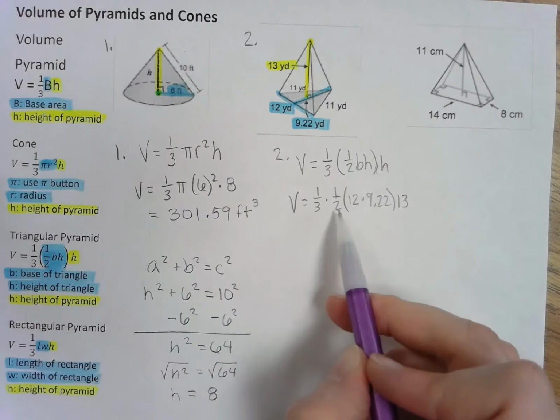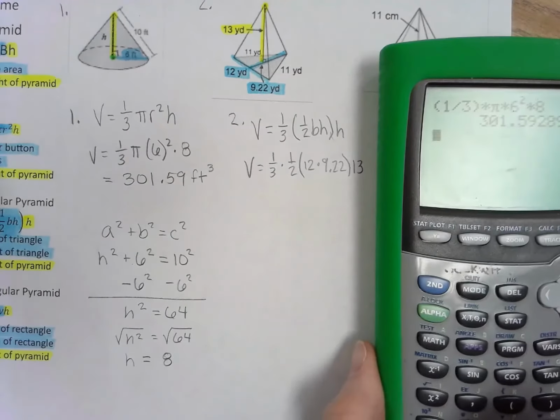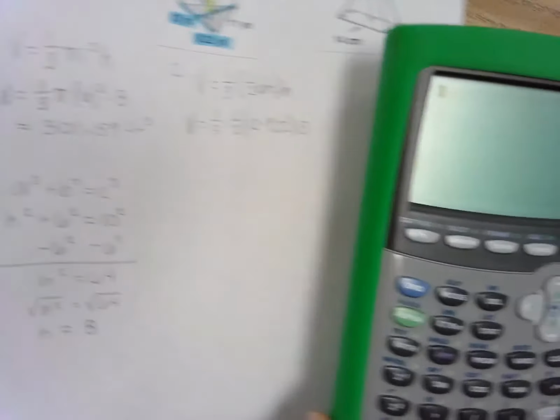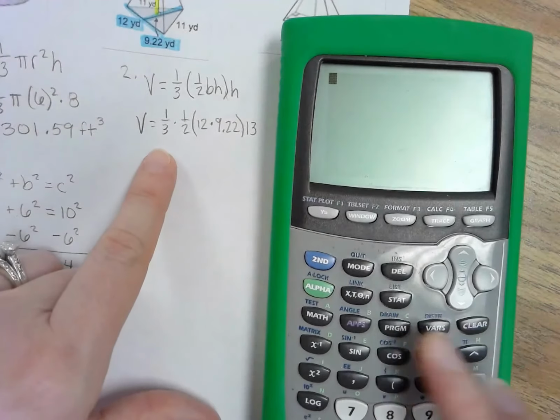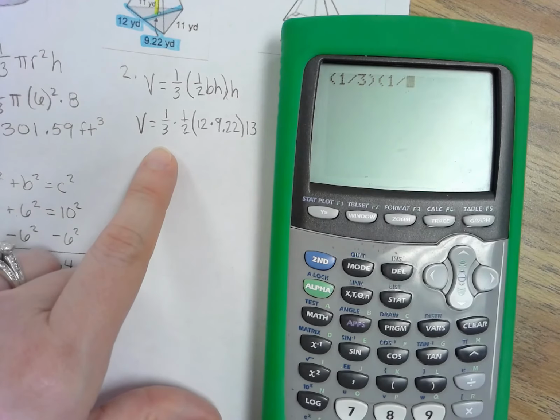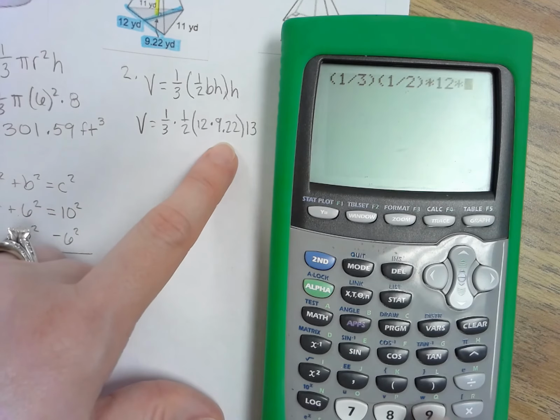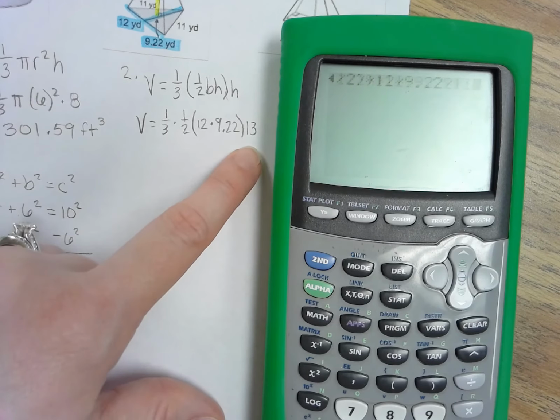Once you have all your numbers placed in the correct spots, we can go to our calculator and calculate that volume. So we have 1/3 times 1/2 times 12 times 9.22 times 13.